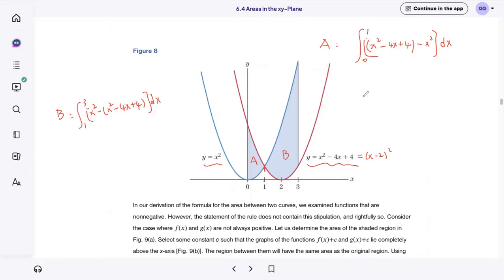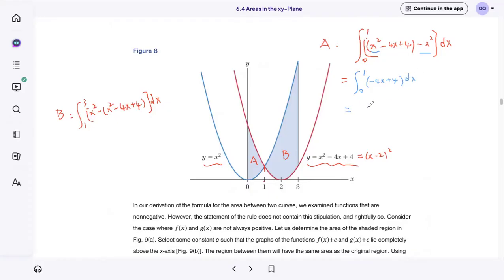Then we add those two regions. All right, now let's simplify. x squared minus x squared becomes 0. So this becomes negative 4x plus 4 dx.